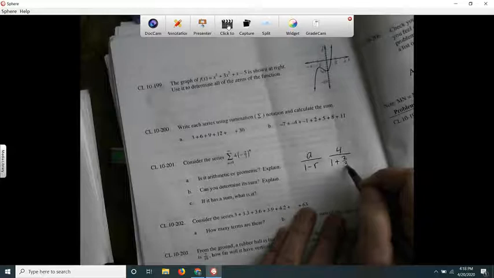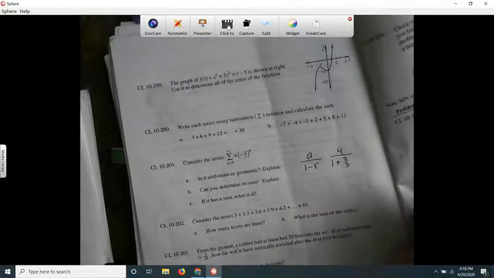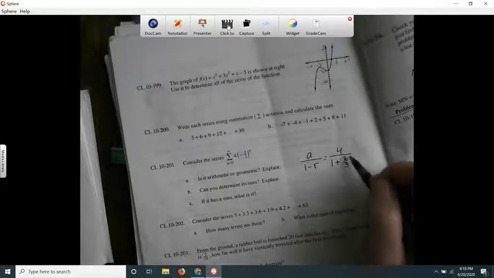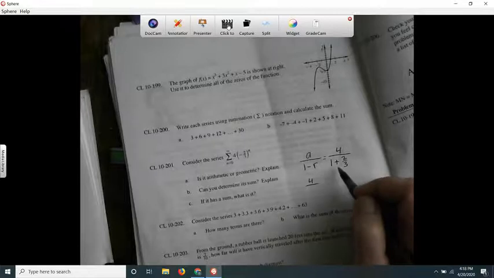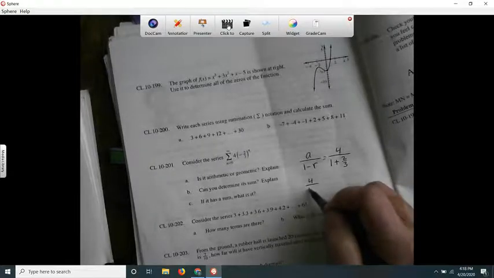And then 1 minus R. But I know R is negative 2/3. So I'm going to go plus 2/3, because if you minus a negative, it's plus, right? So this is really 3/3 plus 2/3. So this is 4 over 3/3 plus 2/3, which is 5/3.